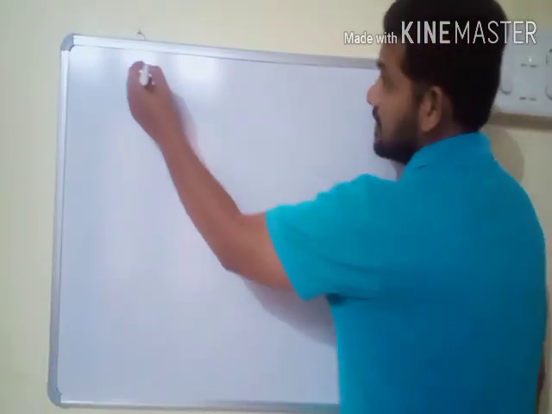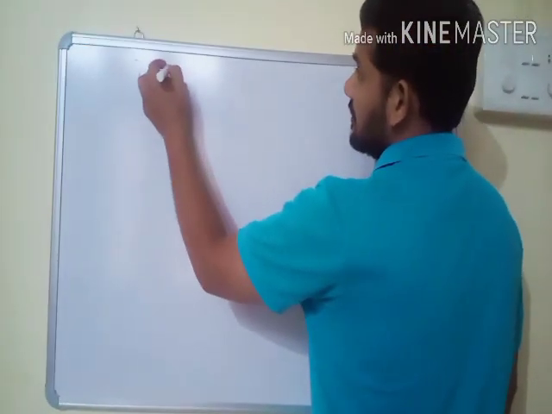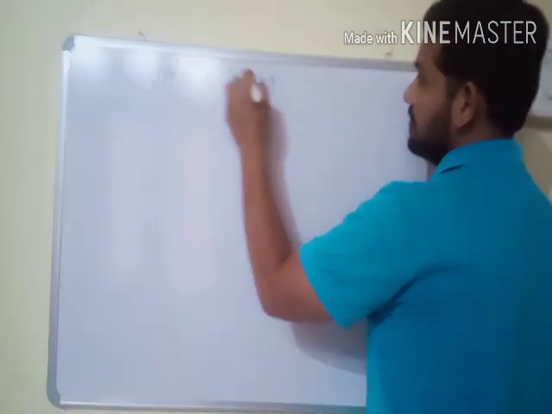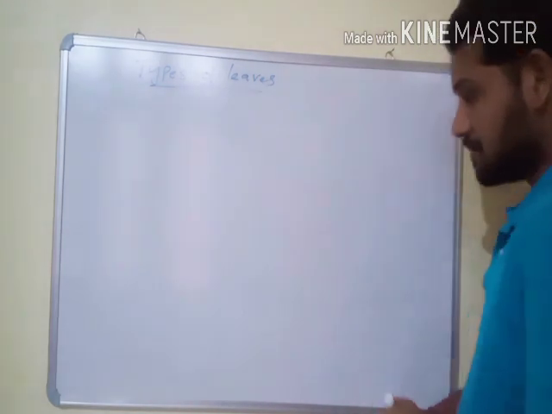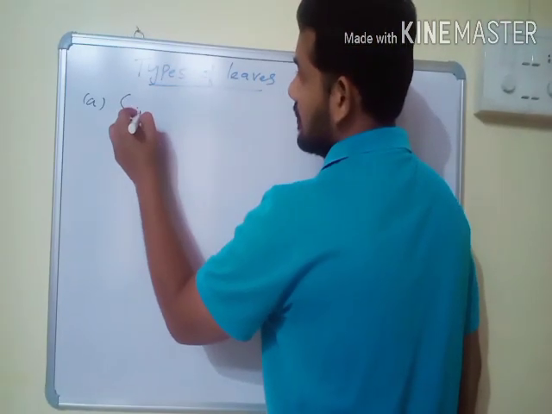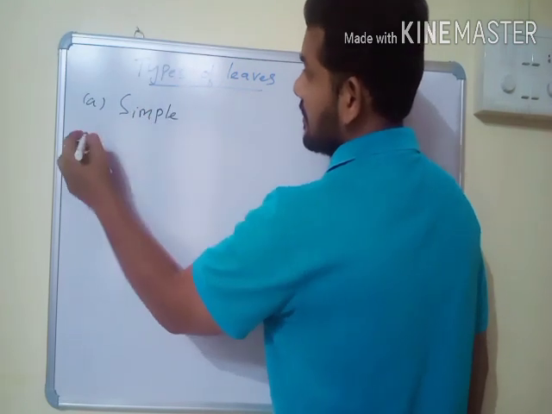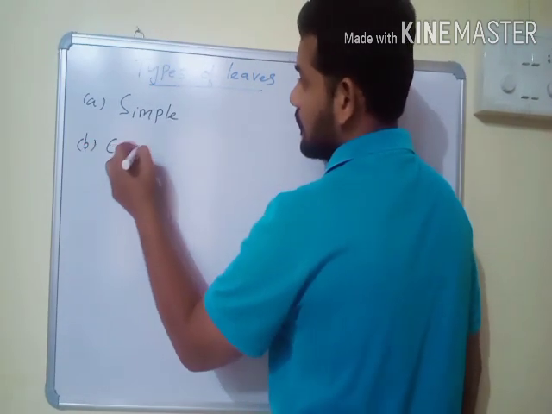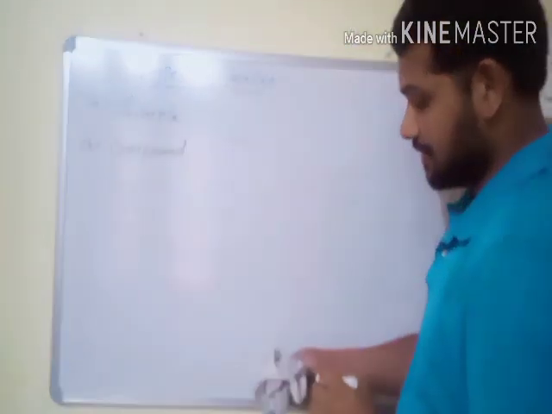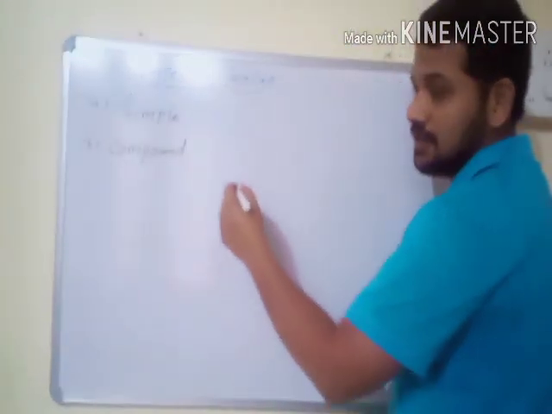Now we will discuss another topic, that is types of leaves. Usually leaves are of two types. Some leaves are called simple leaves, and some leaves are called compound leaves.